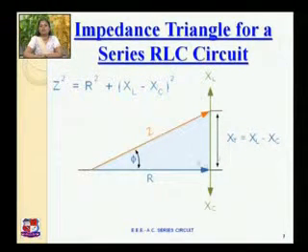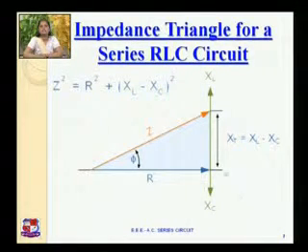This is your resistance, your resistive element, which is always on the reference axis. Then your X element is the imaginary element of the impedance, because the equation of impedance is Z equal to R plus JX. J indicates that the phase angle of this element is 90 degrees.